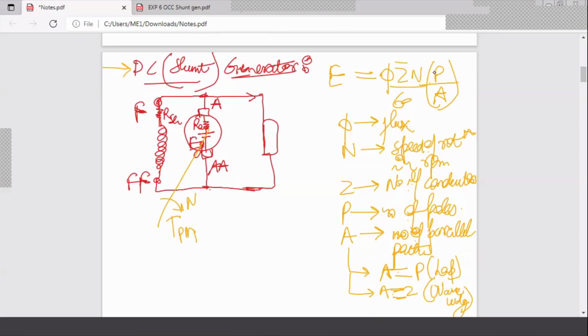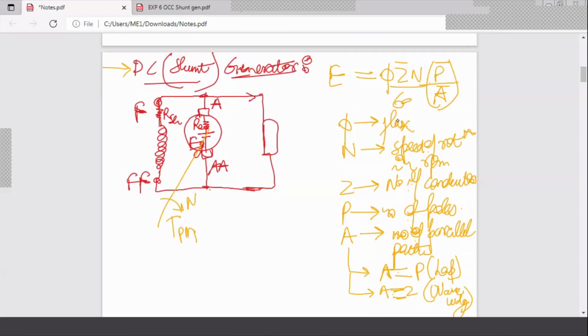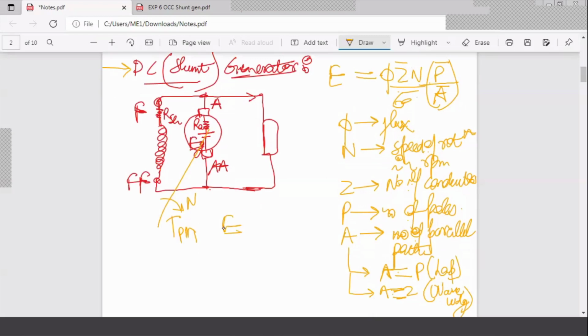The total number of poles cannot be varied. The number of parallel paths cannot be varied. If the winding is done in one particular way, it cannot be changed. So these things are constant. 60 also is a constant. So I can convert all these things into a constant, and the induced EMF E can be written as follows.